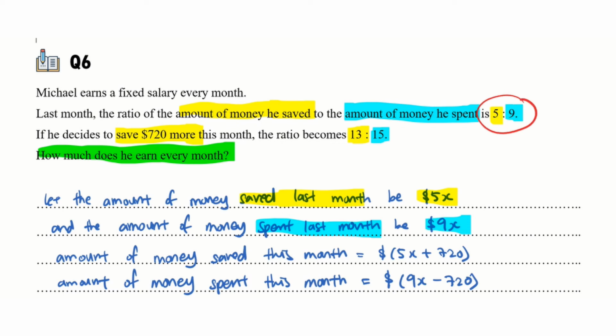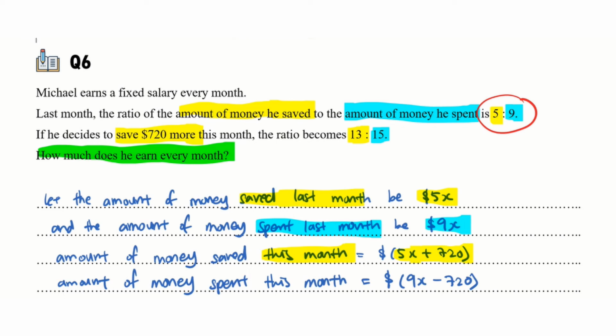Then, because he decides to save $720 more, in this month originally he had $5x, now he has $720 more, so we add another 720. Where did this 720 come from? It came from the amount that he spent last month.